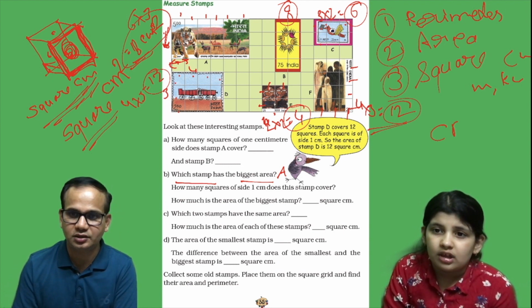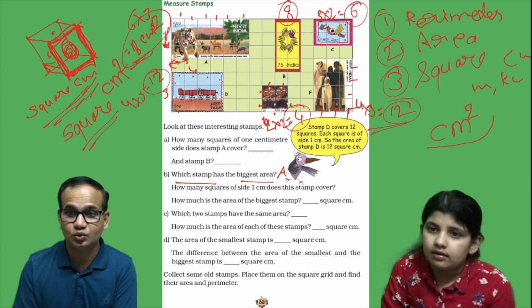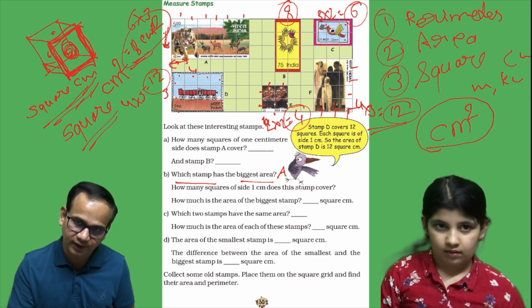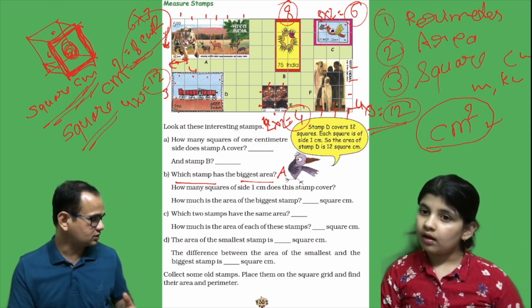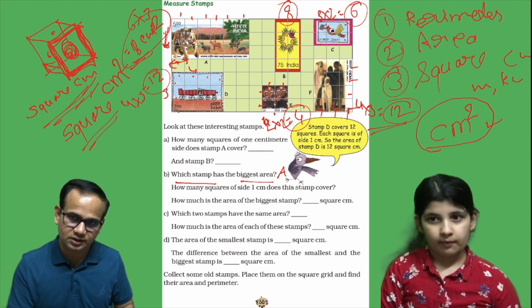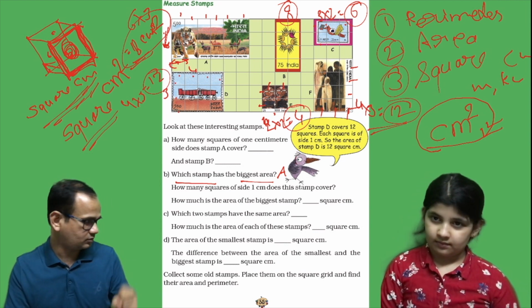If I write like this, how will we pronounce it? We call it square centimeter. We write it like this, but we call it square centimeter.